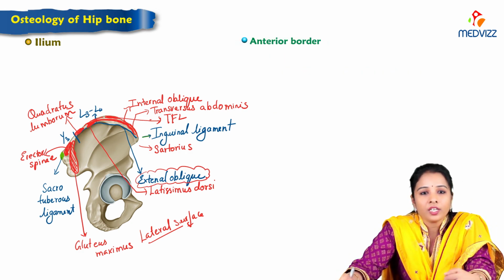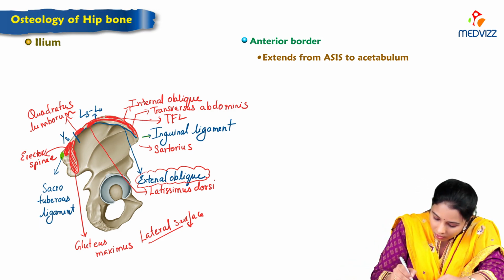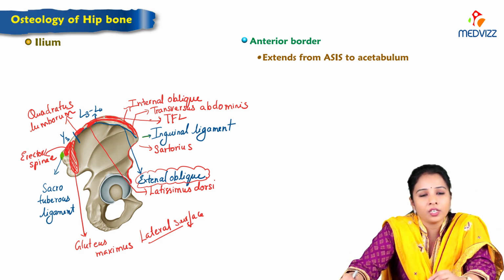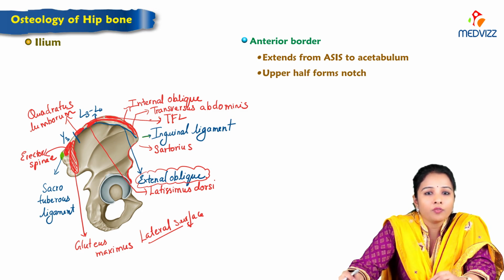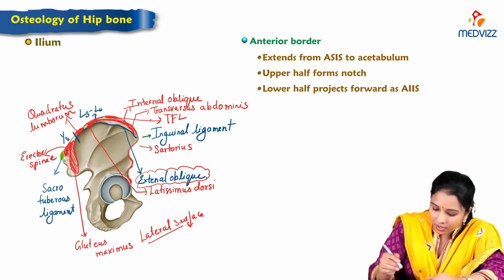Anterior border of the ilium extends from the anterior superior iliac spine till the acetabulum. I'll draw a margin here. From the anterior superior iliac spine till this level, till the acetabulum, is called the anterior border of the ilium. Its upper half forms a notch, and its lower half projects forwards, called the anterior inferior iliac spine.